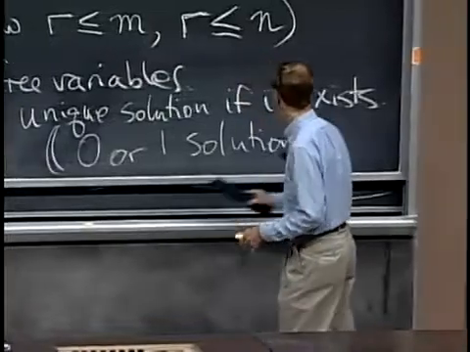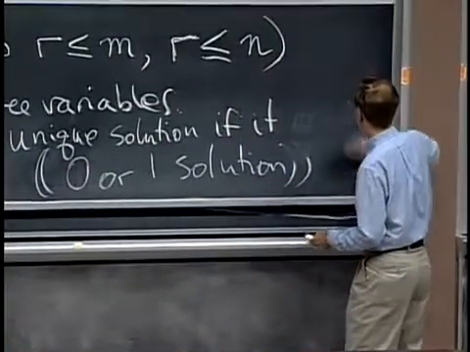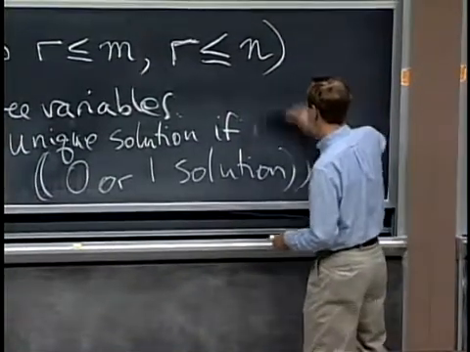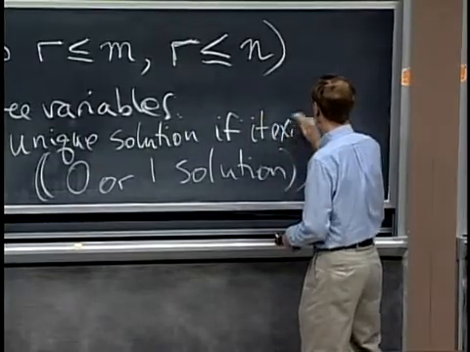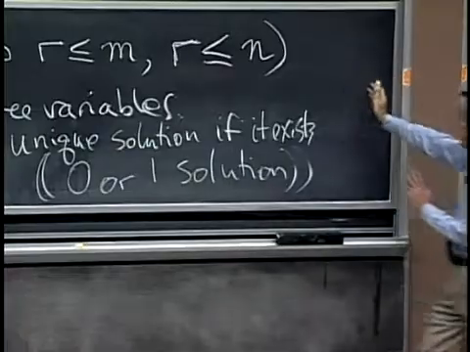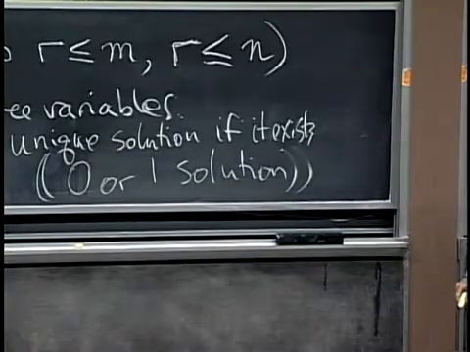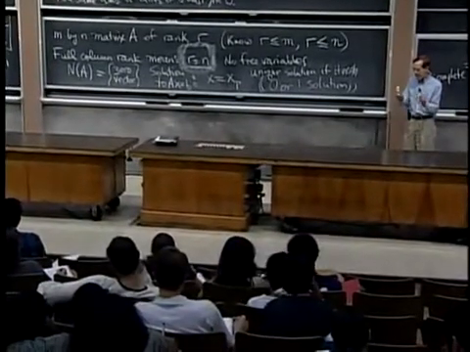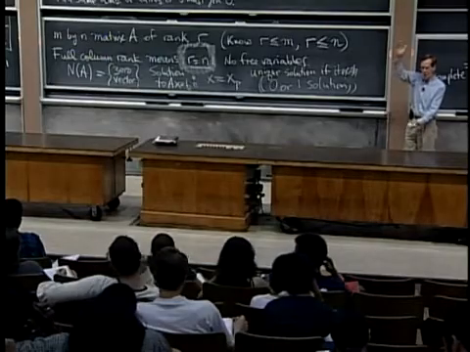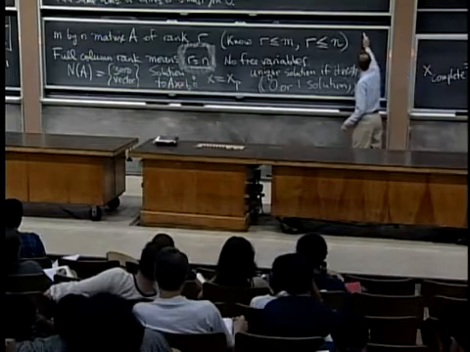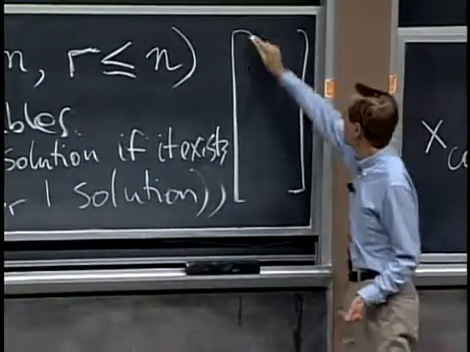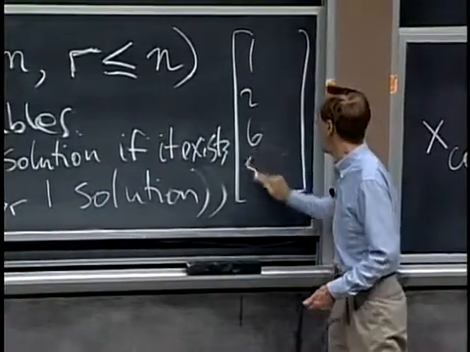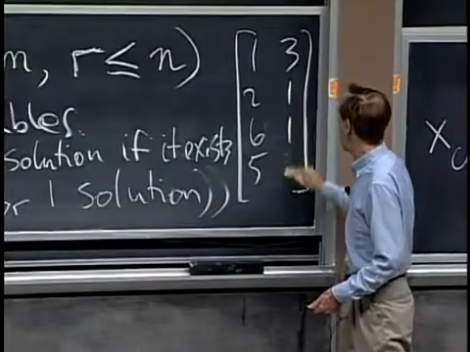So can I squeeze in an example here? It's just the right space to put in an example, because the example will be tall and thin. Here's an example: 1, 2, 6, 5, 3, 1, 1, 1.